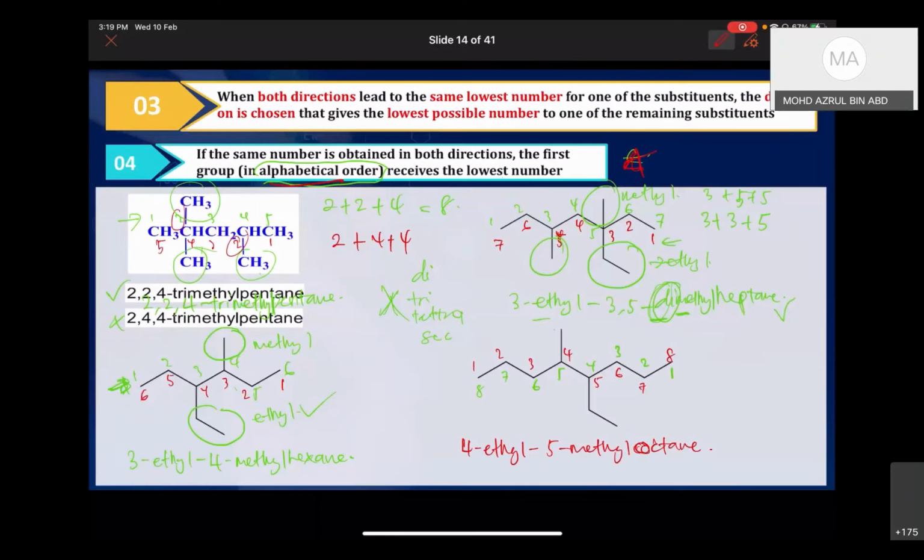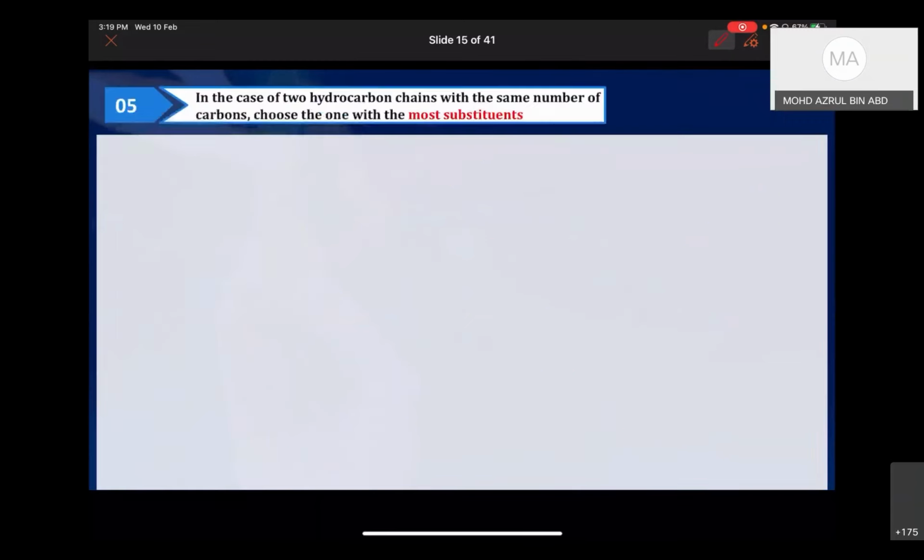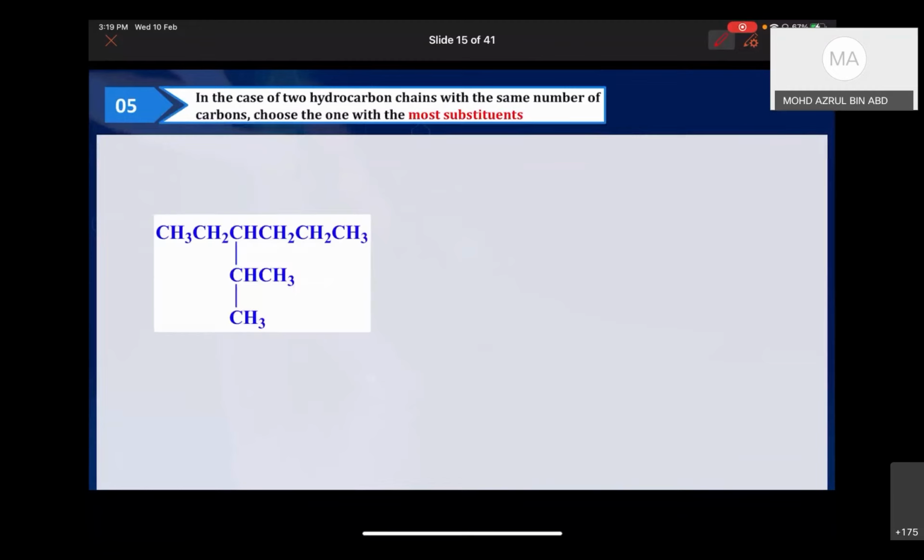Okay, next we move to another rule. In the case of two hydrocarbon chains with the same number of carbons, choose the one with the most substituents. For example, this one.